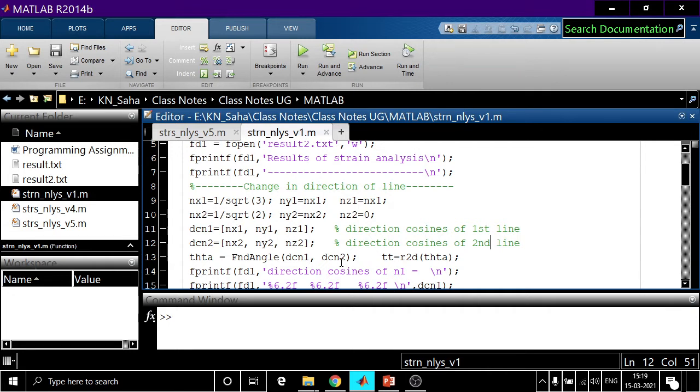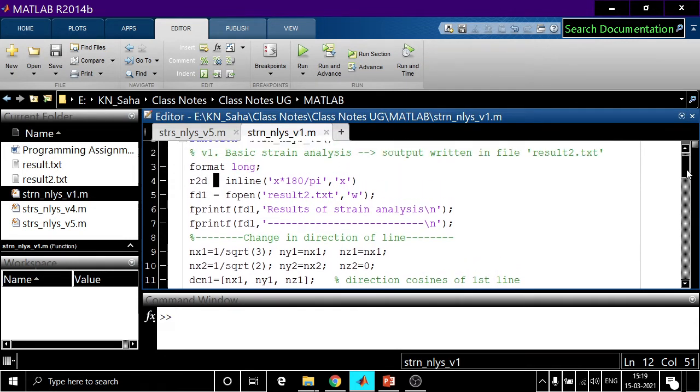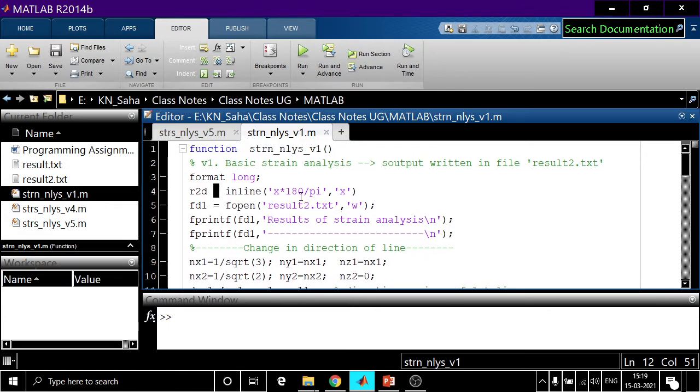In our result we will see this value in degrees, and to convert that we had an inline program, which we already discussed earlier. Any value in radian, if you multiply by 180 divided by pi, you get the value in degree. So this is radian to degree, an inline function.